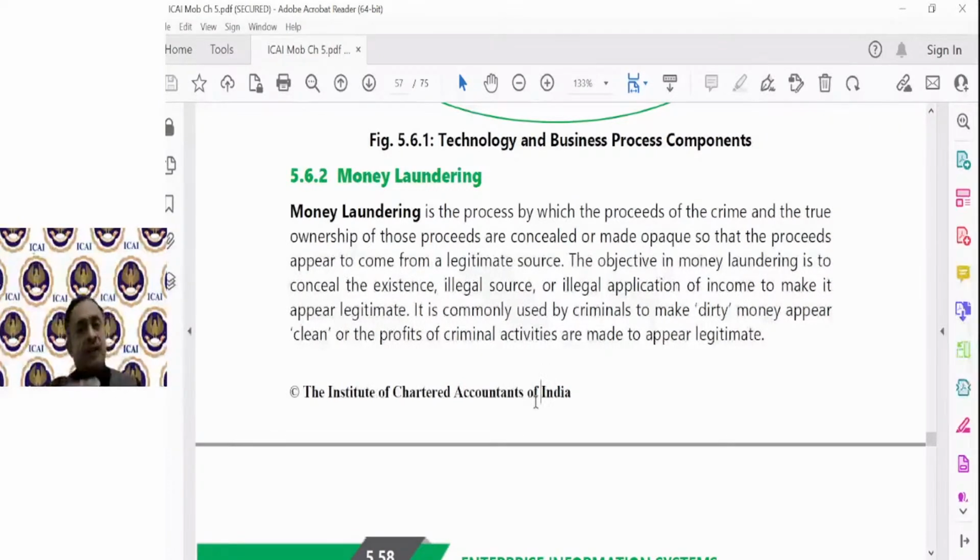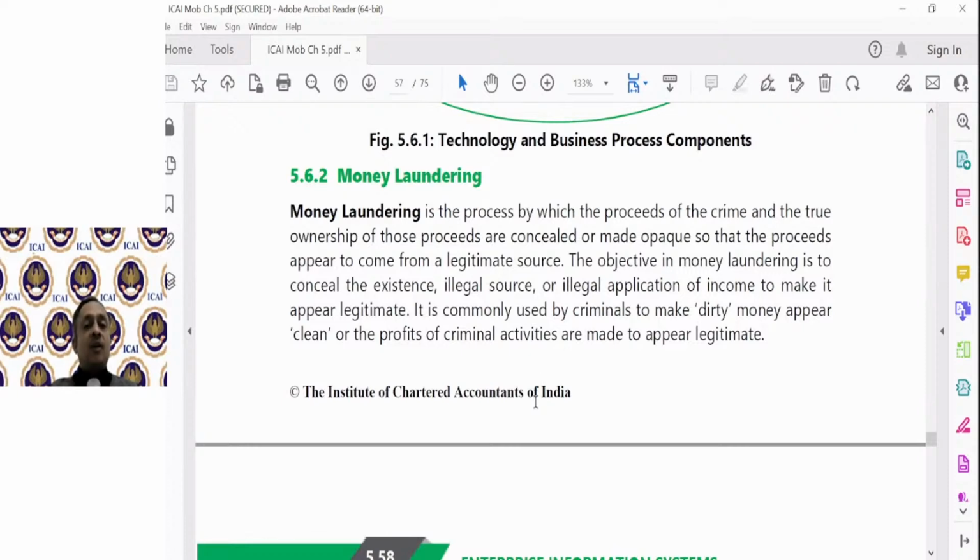Say, for example, there is a bank robbery and robbers take away 10 crore rupees from the bank, and through some innovation, they are able to feed that 10 crore back into the regular economy. That is money laundering, where you are able to conceal the source, the location, the origin of your money.